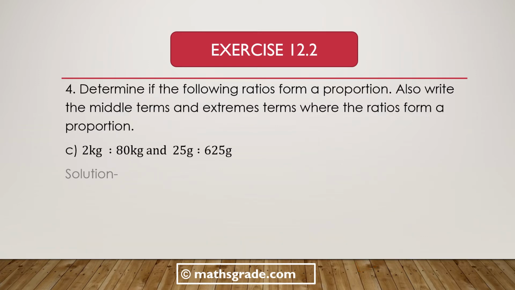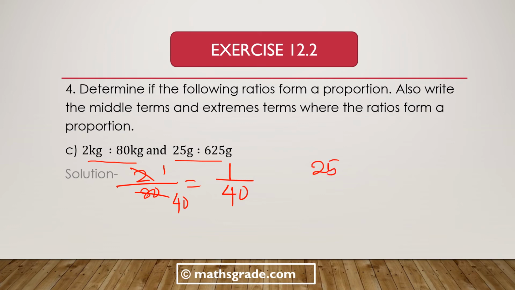Now part C, 2 kg is to 80 kg and 25 gram is to 625 gram. 2 kg divided by 80 kg. Between 2 and 80, 2 is the common factor. So dividing 2 with 2, we get 1. Dividing 80 with 2, we get 40. 1 divided by 40. And 25 gram divided by 625.